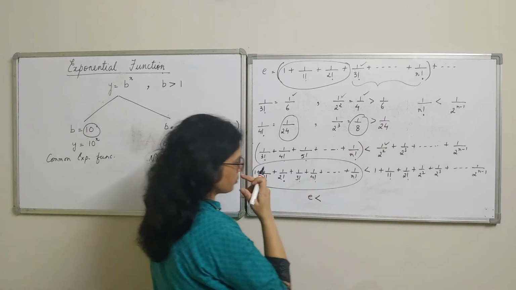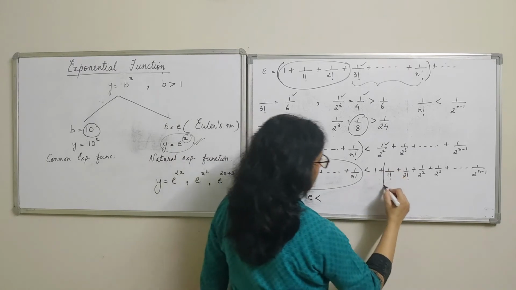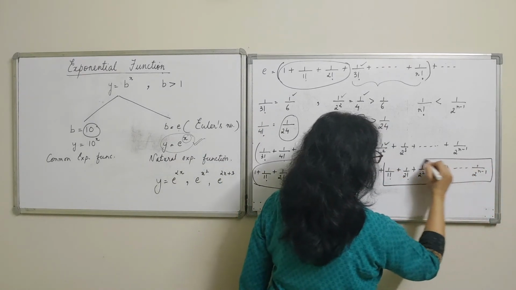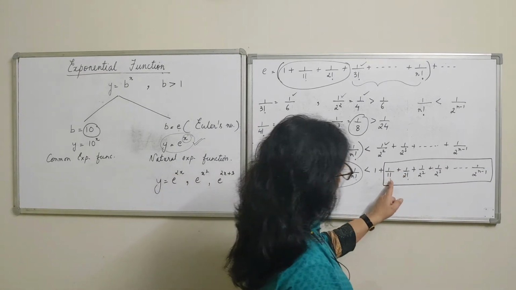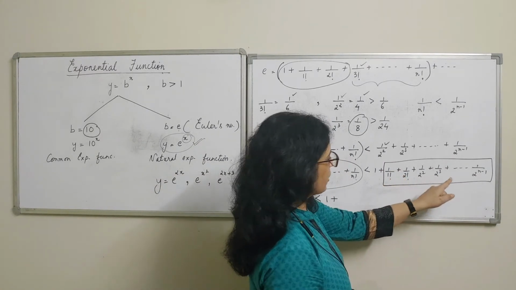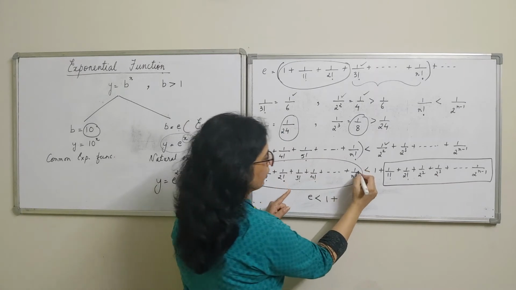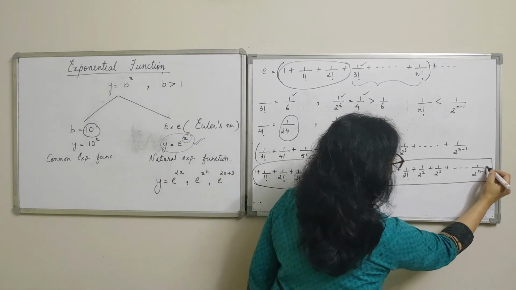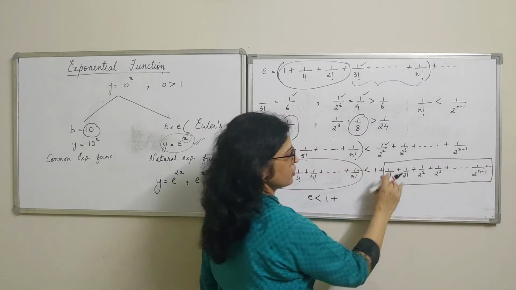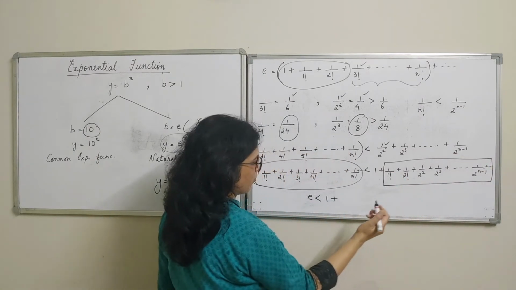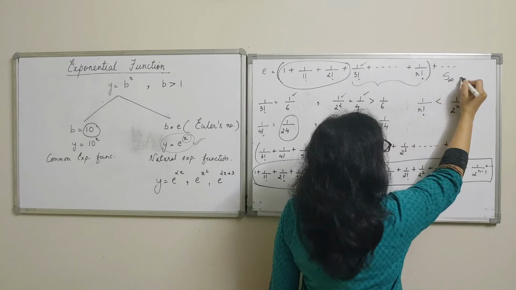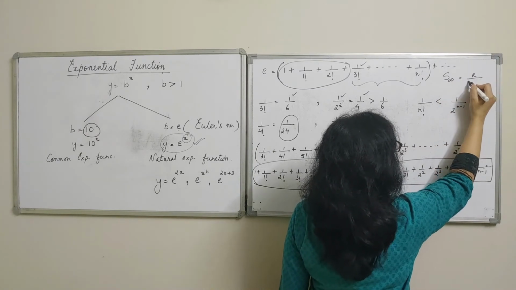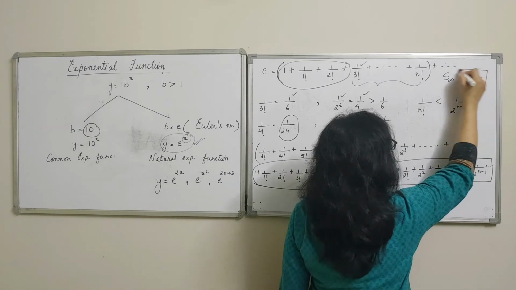Now move on to the right hand side. Look at this expression, 1 plus. If you notice, this is an infinite GP because I have just stopped here. There are more terms that you can write down. So this is an infinite GP, and we know the sum of an infinite GP is given by this relation.